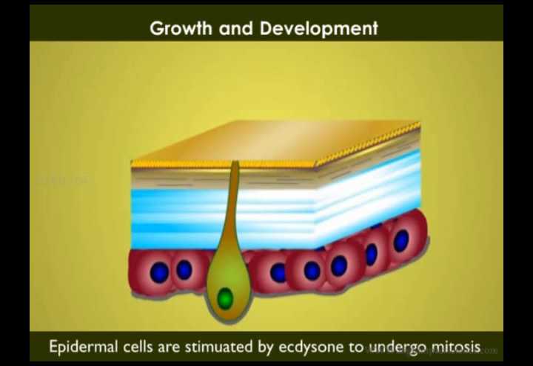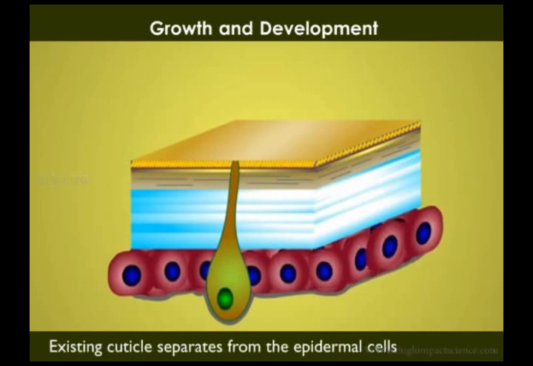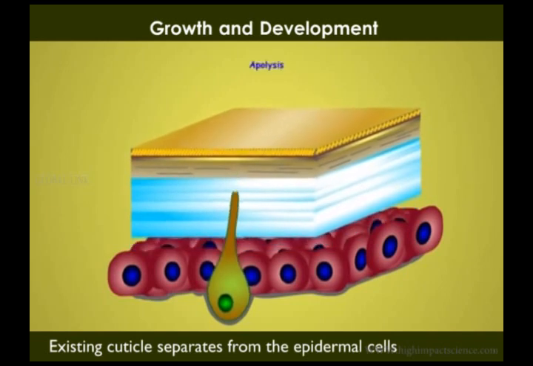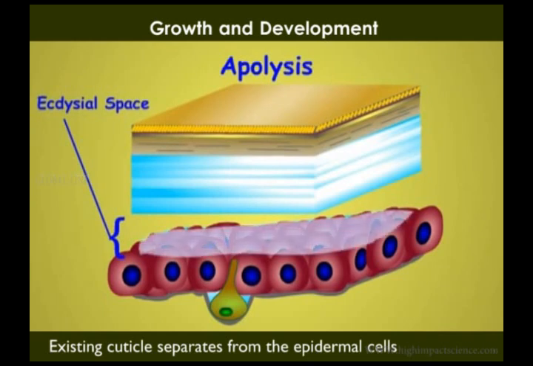The cells undergo mitosis. This is the period of growth to form a new larger cuticle for the next instar. The existing cuticle separates from the epidermal cells in a process called apolysis. The resulting ecdysal space is filled with a gel that contains inactive molting enzymes.